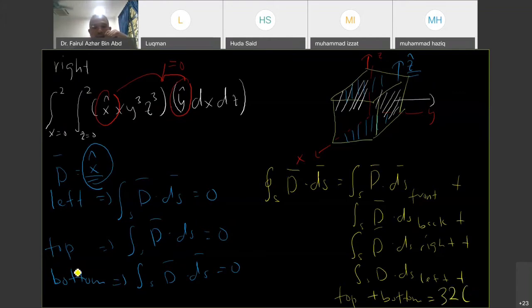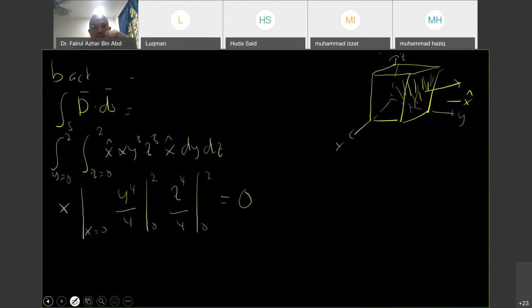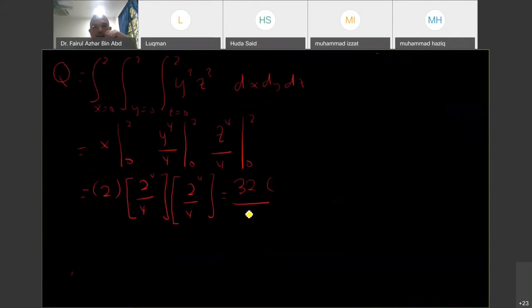So the answer for this will be equal to 32 coulomb. If we check with the first answer here, we can conclude that the volume integration of rho v dv is equal to the closed surface integration of D dot dS.